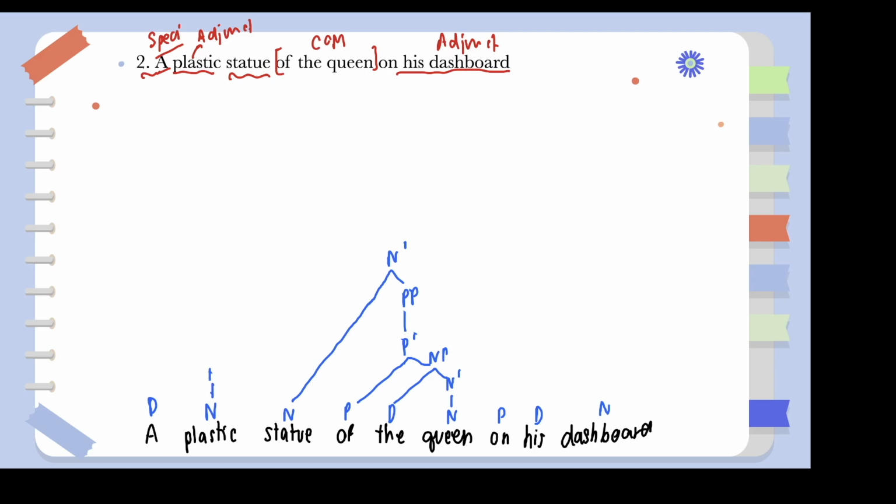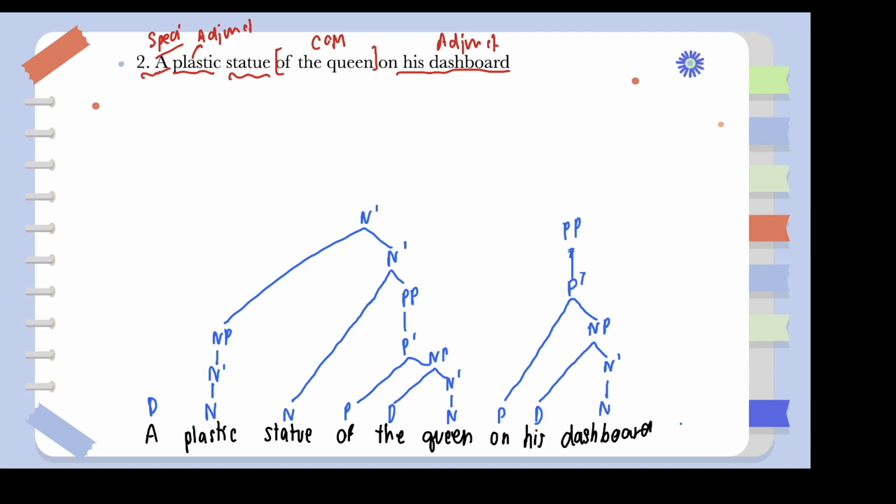So in this N we have N bar and then NP, and it is attached with our N bar here to be another N bar. Okay, so plastic statue of the queen will be attached with on his dashboard. So dashboard, we have N bar, and then we have the determiner here to be NP, and in this NP we attach it with preposition on to be P bar, and in P bar we have PP.